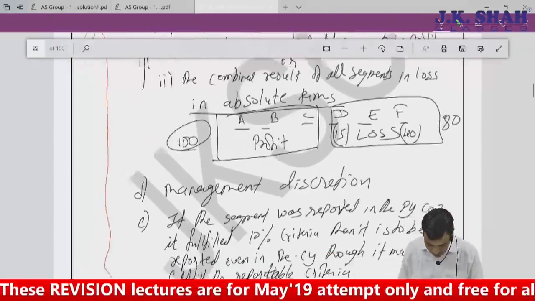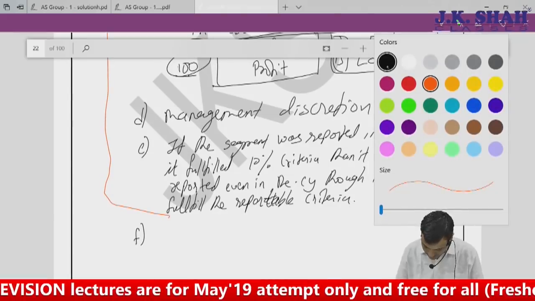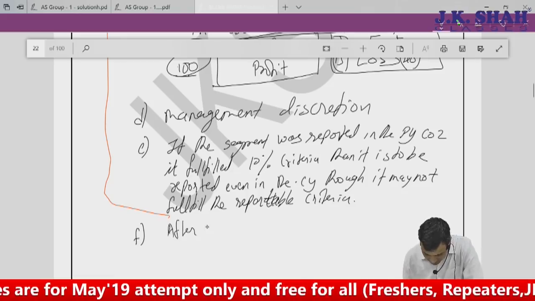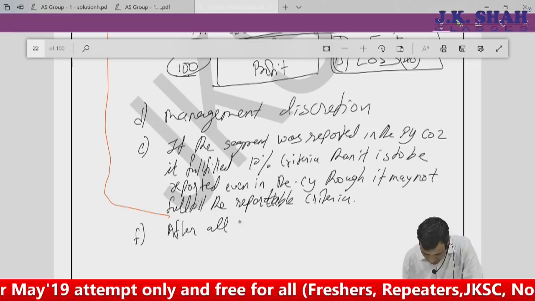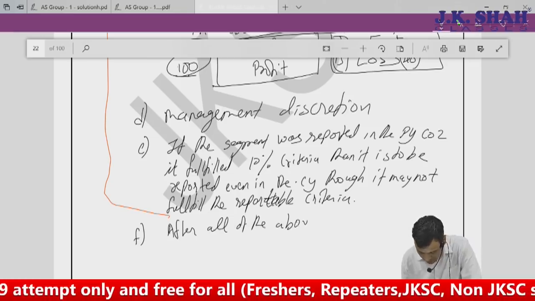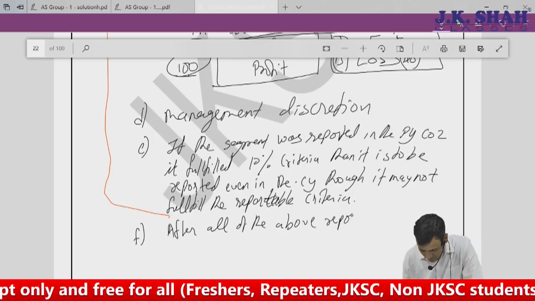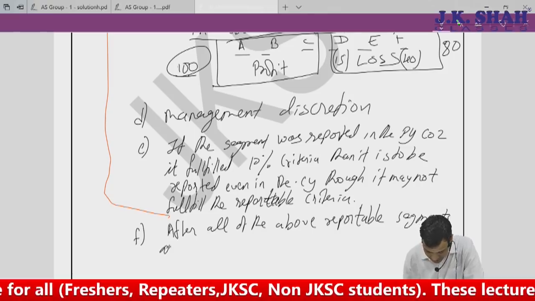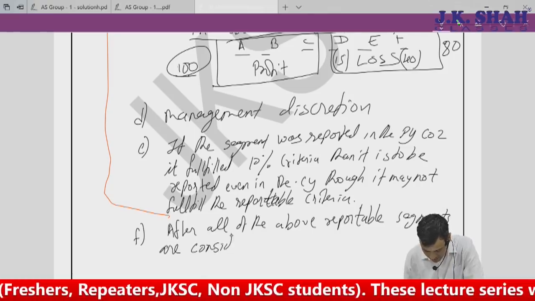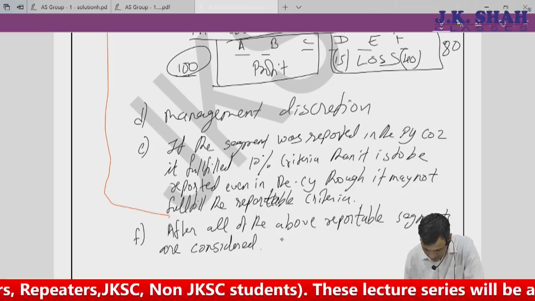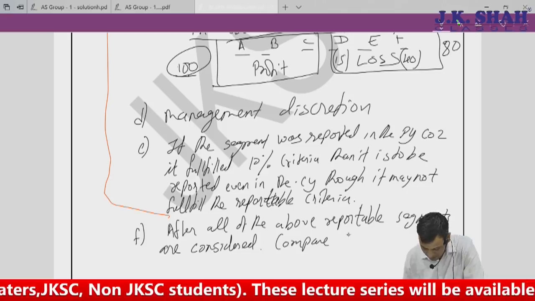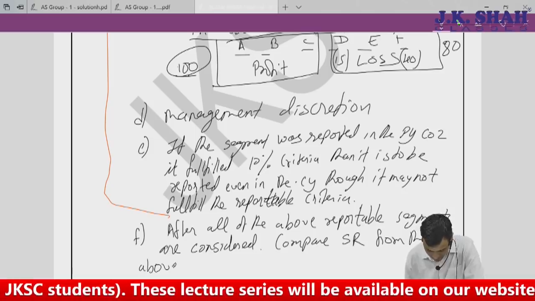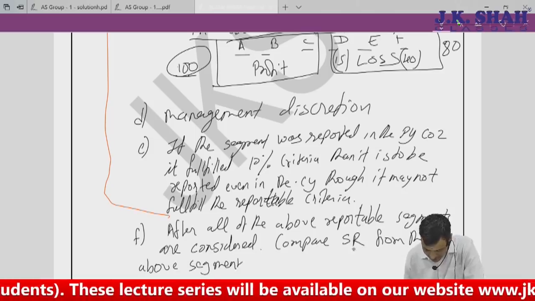So what does the standard say here is, after all of the above reportable segments are considered, compare segment revenue from the above segments.